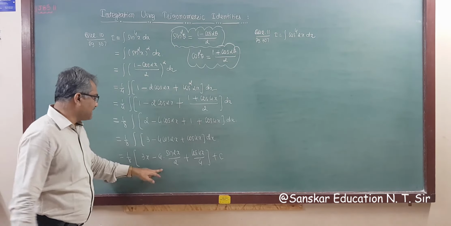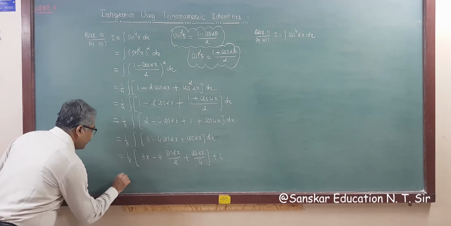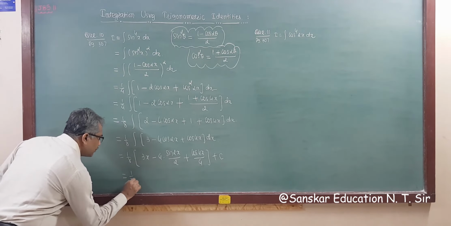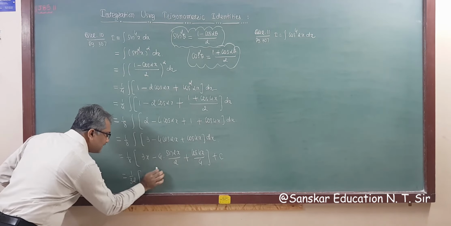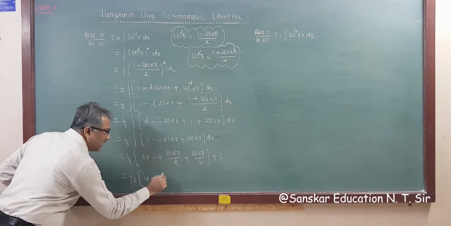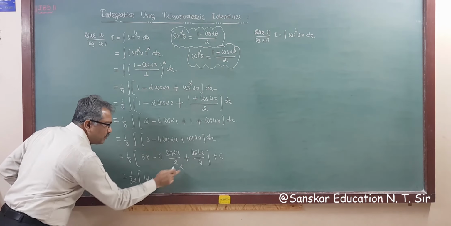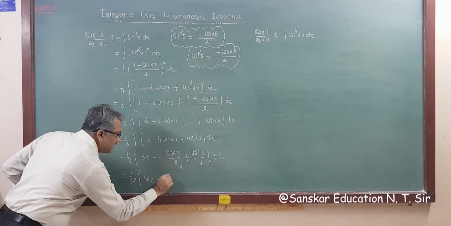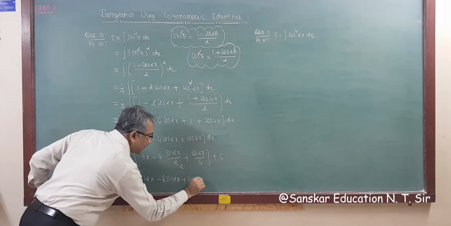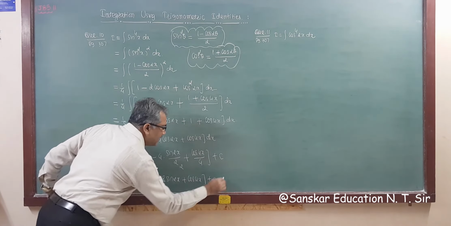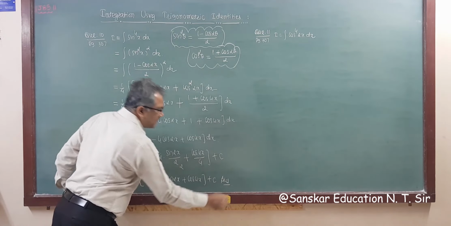So taking 4 LCM, this is 1 upon 32. 4 into 3, that is 12x, minus 4 LCM means multiply by 2, so 4 into 2, 8 sine twice x, and plus sin 4x, plus c. So this is your complete answer.